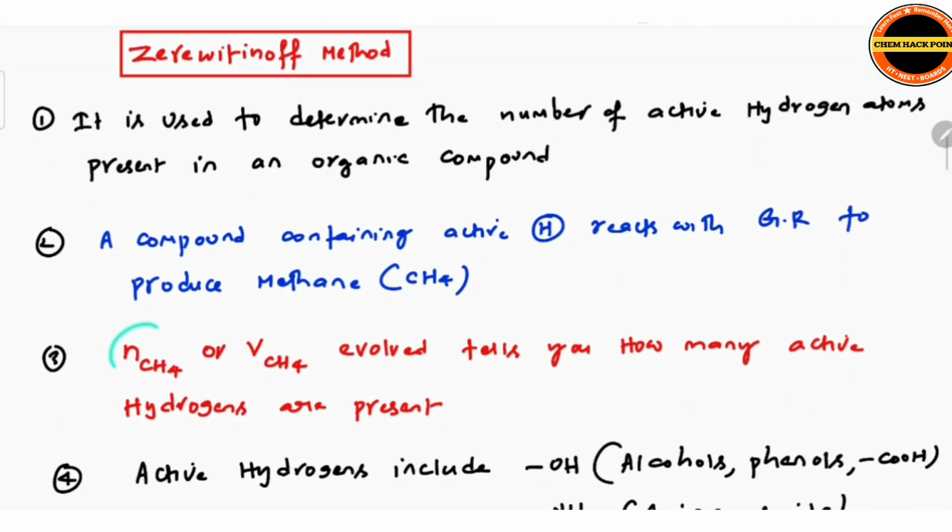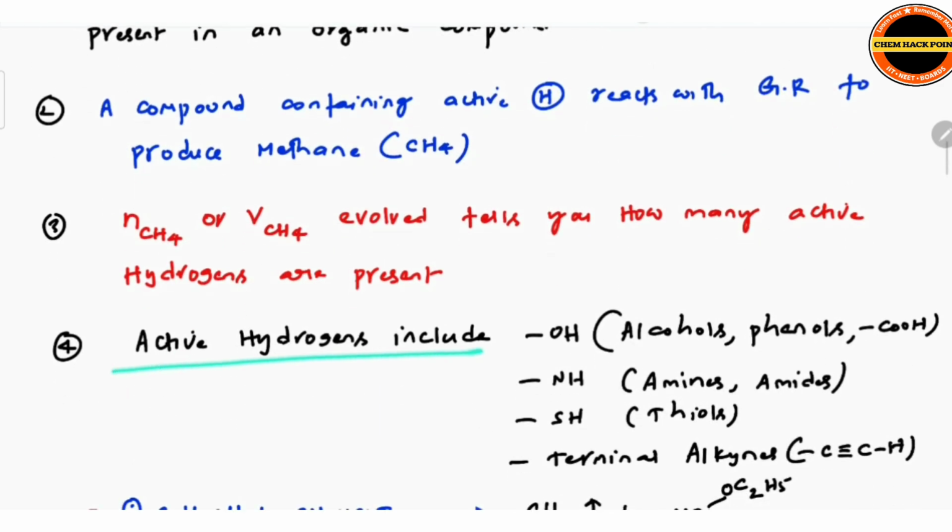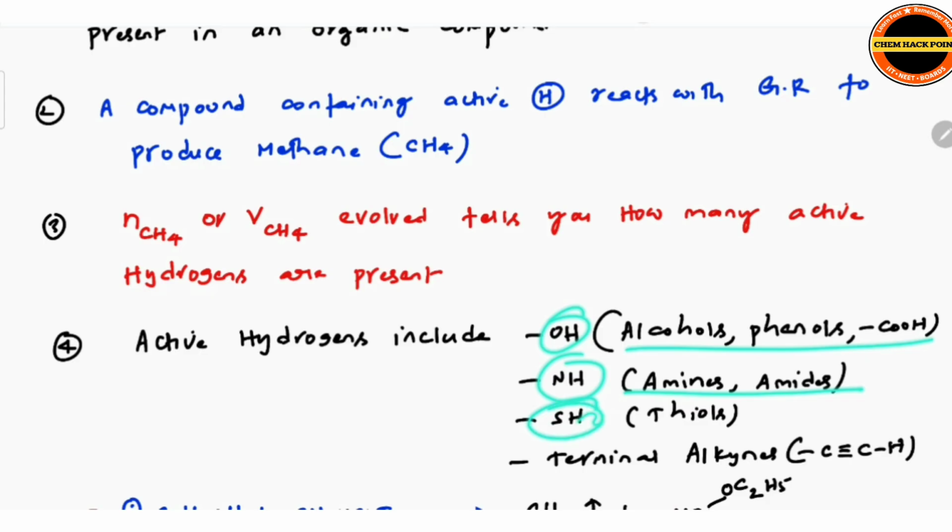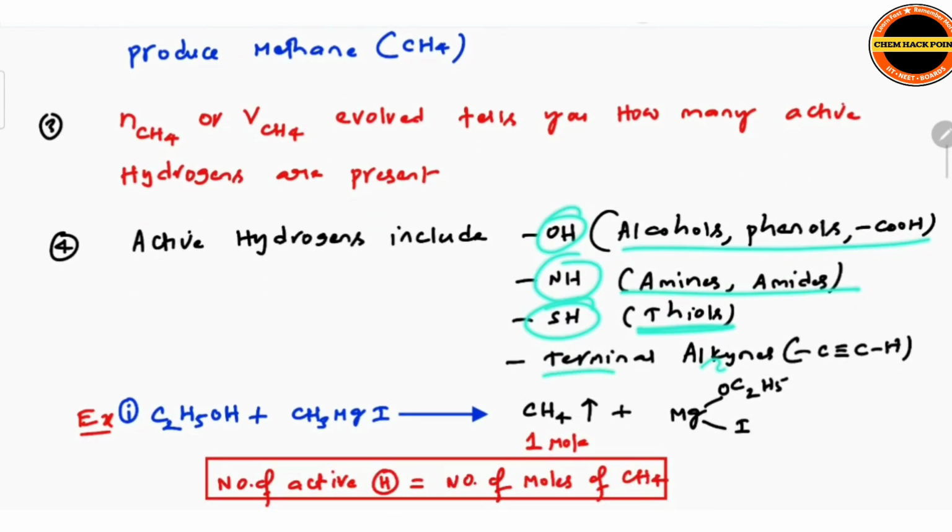The number of moles of methane, or the volume of methane evolved, tells you how many active hydrogens are present. Active hydrogens include OH from alcohols, phenols, COOH, NH in amines and amides, SH in thiols, and terminal alkynes, where the hydrogen is active hydrogen.